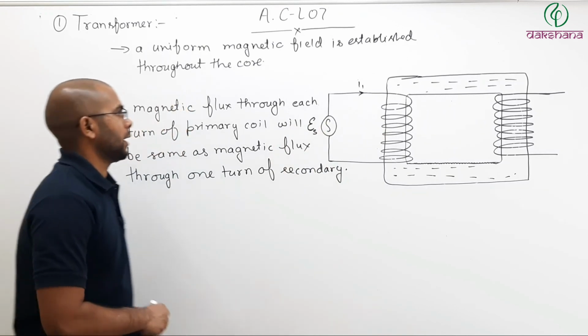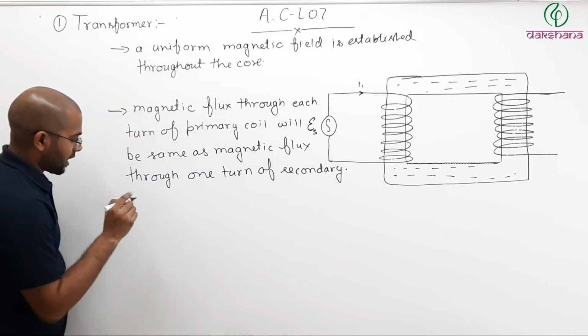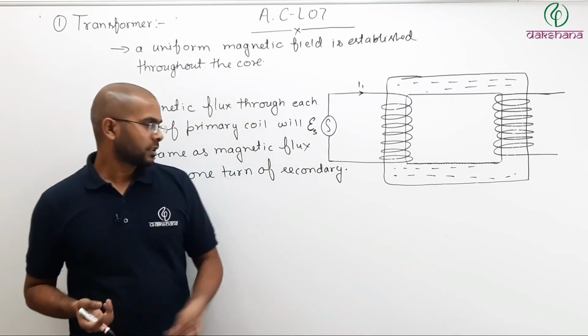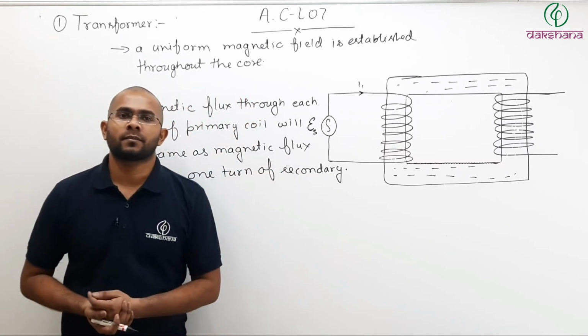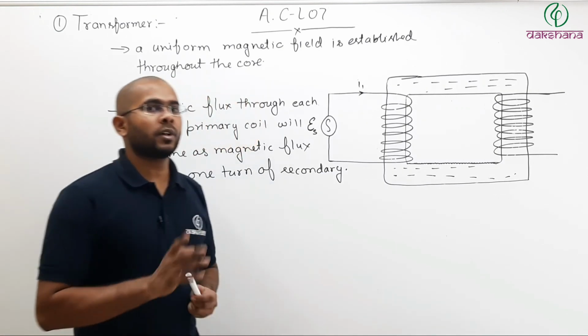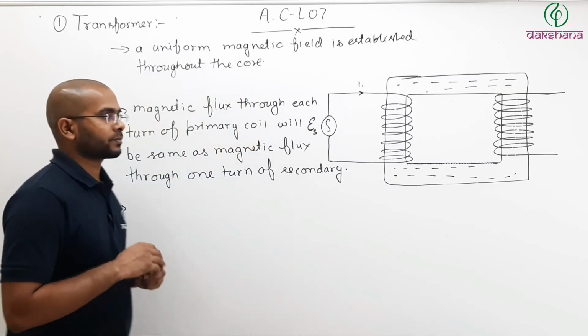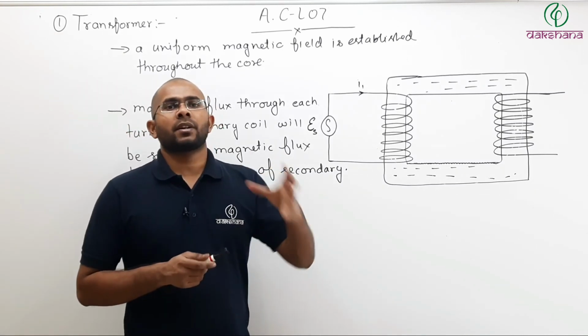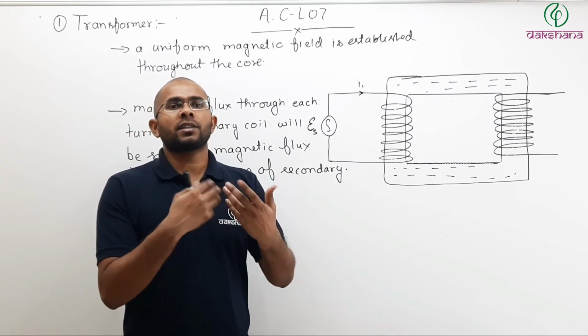Now if each turn has the same magnetic flux, then what about the total flux? Remember, they don't have an equal number of turns. For example, if in a coil you have N number of turns, then what is the total flux?